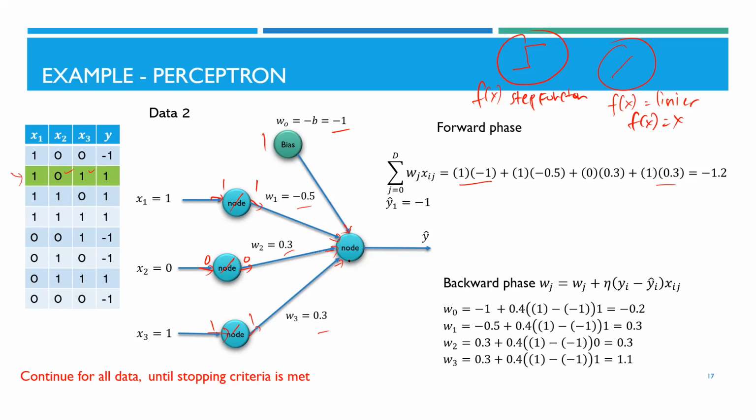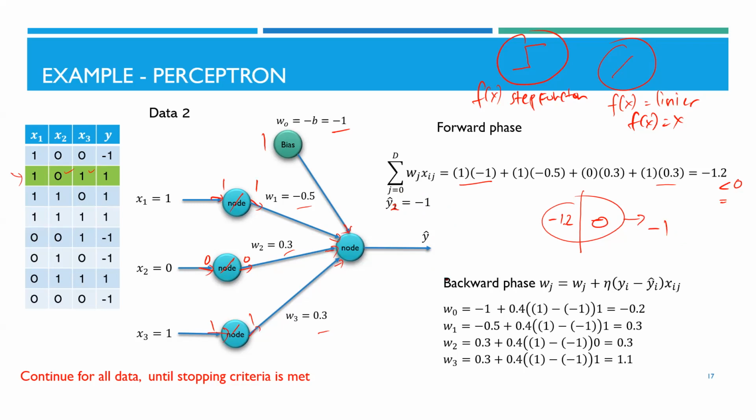Because this is less than 0, the output will be minus 1. So the predicted output for y2, the data 2, is minus 1.